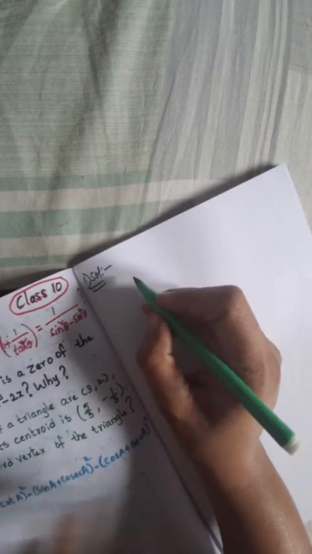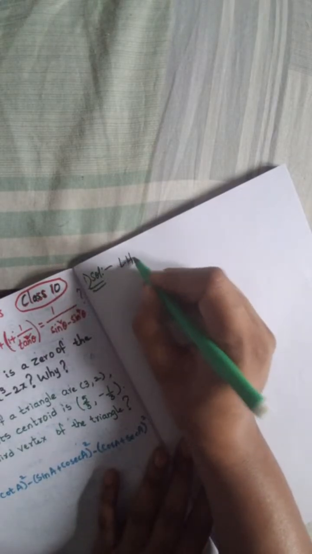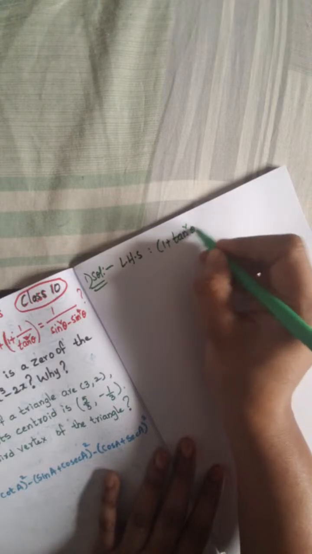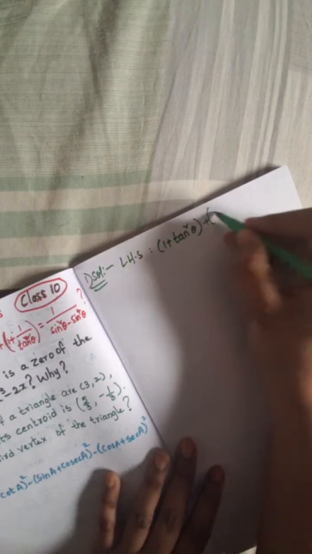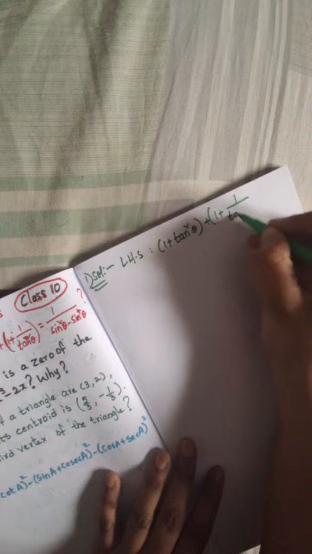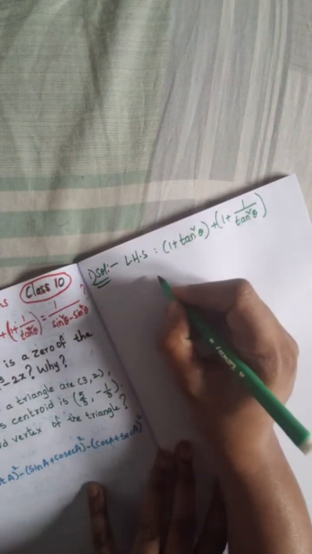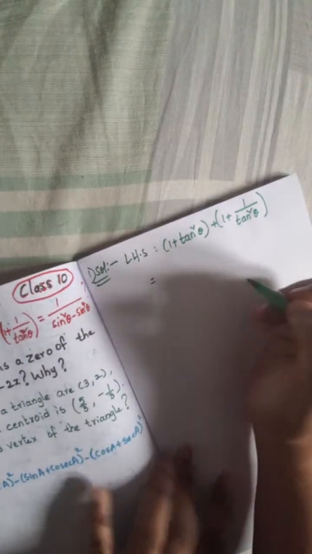Okay, let us start now. LHS is given as 1 plus tan square theta. This is a trigonometry chapter question, very important, asked in many exams. Please watch the complete video.